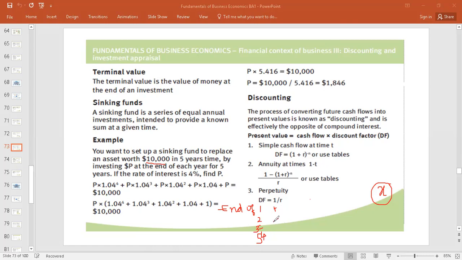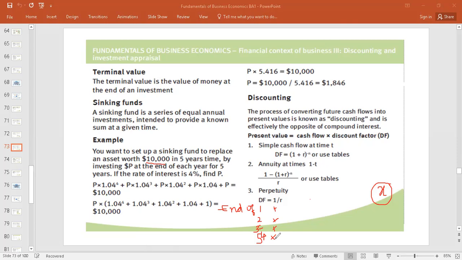The amount invested at the end of the first year will earn interest for 4 times. The amount invested at the end of the second year will earn interest for 3 times, then the third year, fourth year, fifth year. The investment made at the end of the third year will earn interest for 2 times. The fourth year will earn interest only for 1 time. The fifth year earns none, because it's at the end of the fifth year.